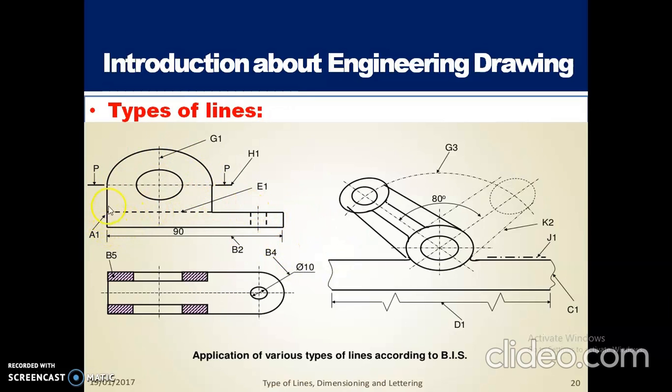So these are the visible outlines of the object. The visible outline of the object is drawn by using continuous thick line.